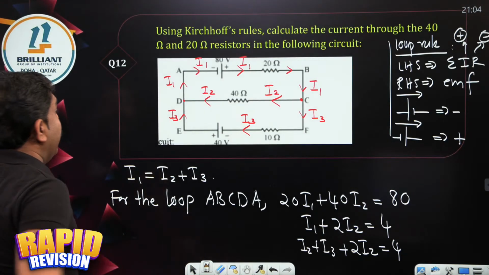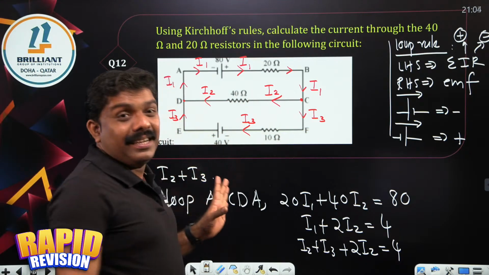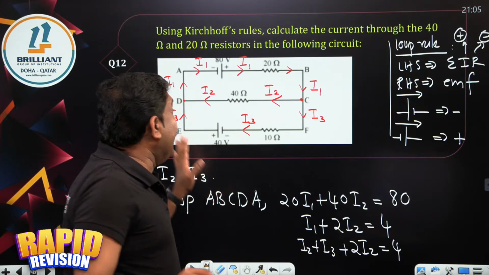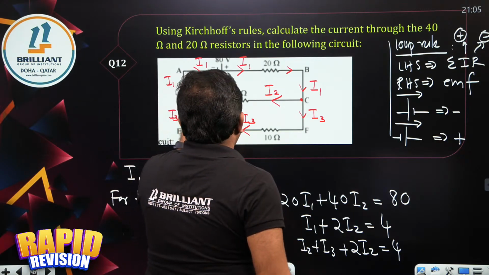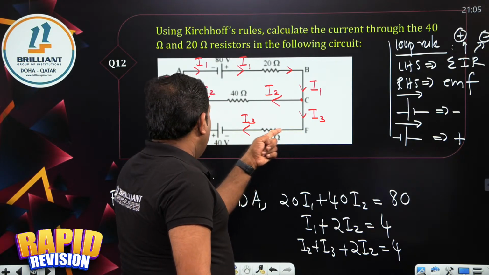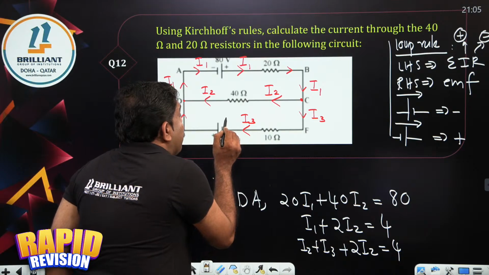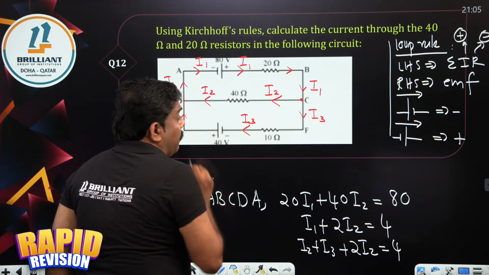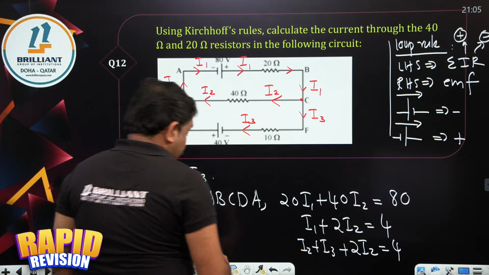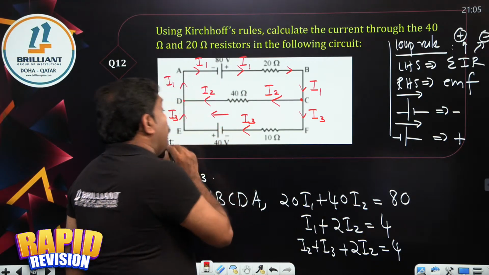Now the IR part is completed. Now only the cell part. The right side is cell. I'm moving D to C. No cell is here. CF, no cell. Moving like this, F to E, I'm finding a cell, and I'm moving from minus to plus of the cell.